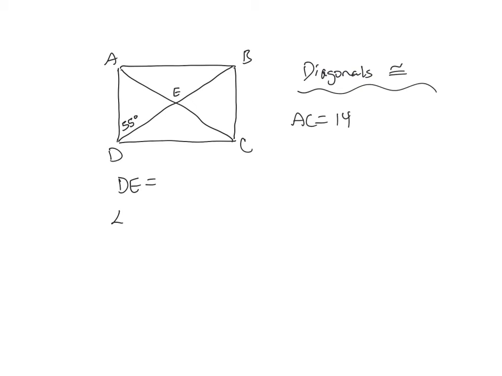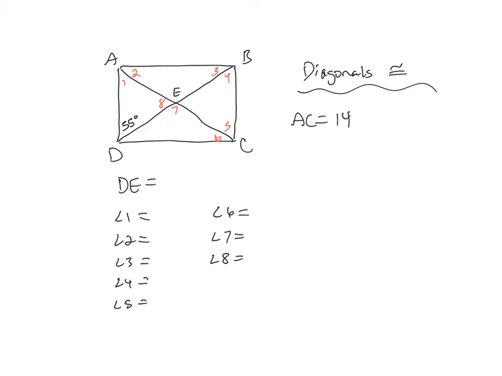Let's find angle. I'm going to number them. It's easier that way. Okay, let's see if we can find all those angles. So, angle 1, angle 2, angle 3, 4, 5, 6, 7, and 8.